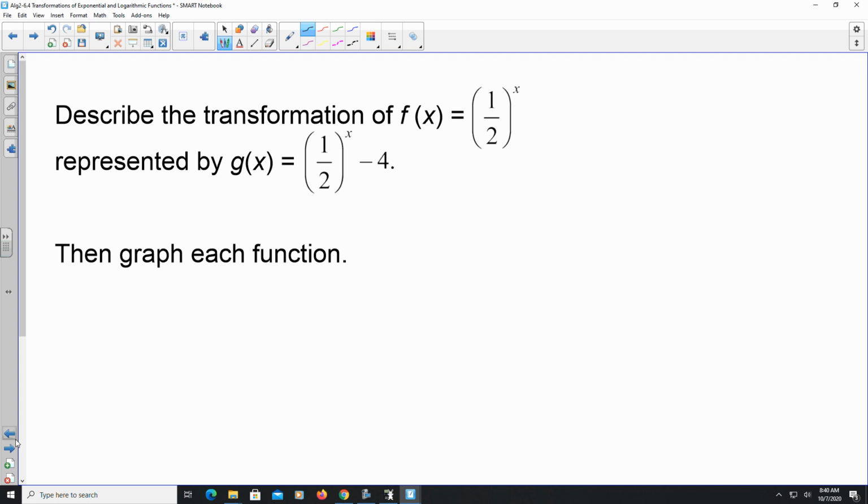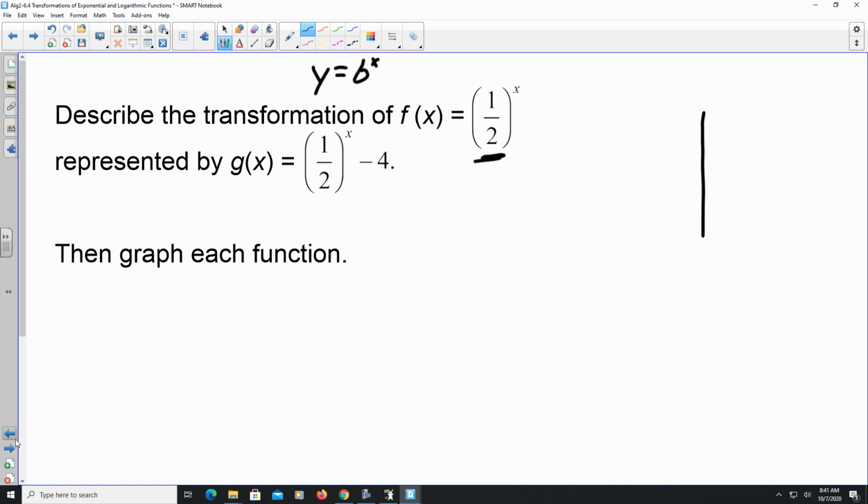For this one, they want us to describe the transformation of f of x equals 1/2 raised to the x power, represented by g of x equals 1/2 raised to the x power minus 4. Again, this particular one is like y equals b raised to the x power. In this case, b is 1/2, which is an exponential decay.